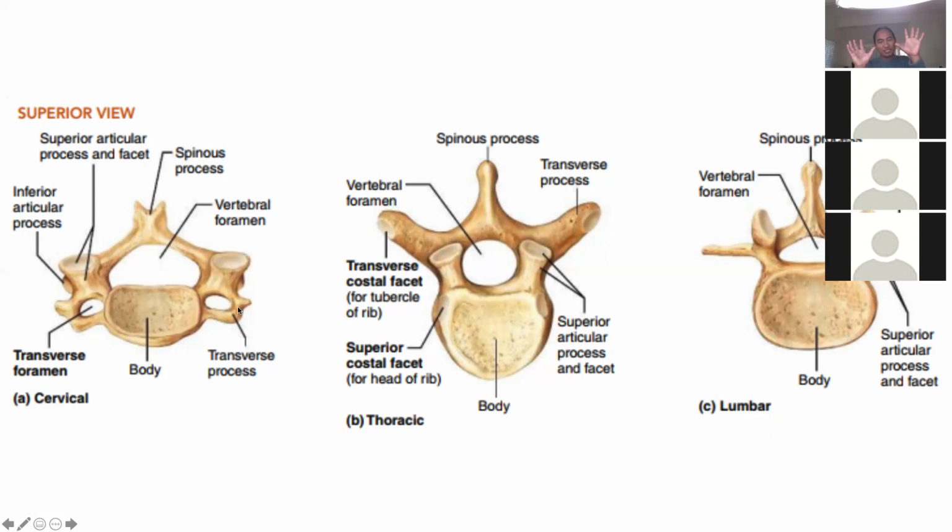The basic structure is the same: body, pedicle, lamina, and spinous process, with the transverse process coming out laterally. But don't forget, in the cervical vertebra, in the transverse process, we have little holes. This is where another artery, the vertebral artery, is going to pass through to go into the brain from the back.